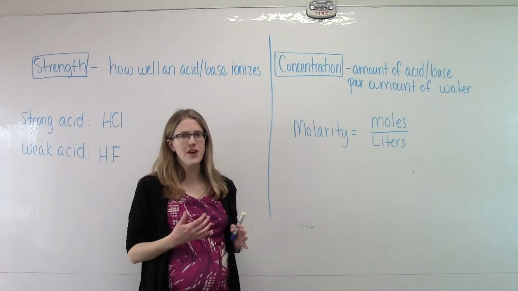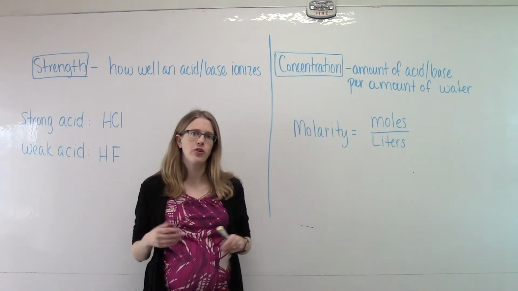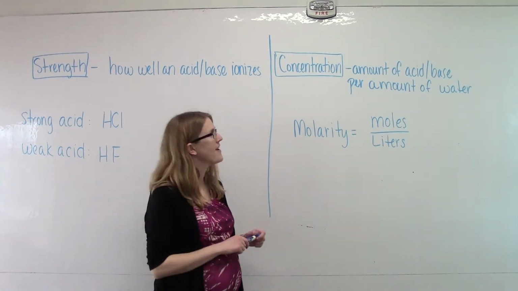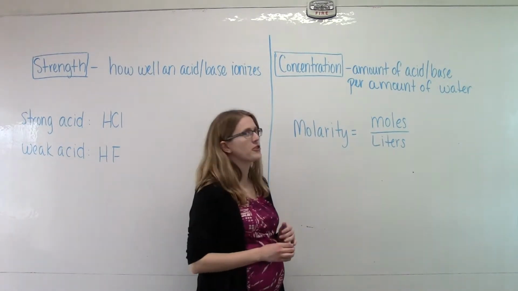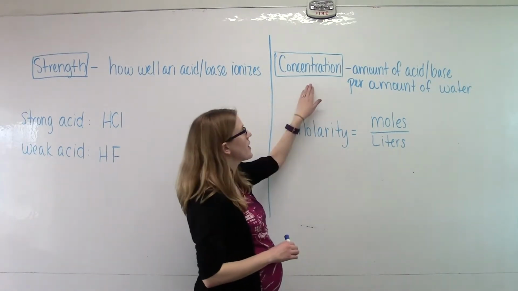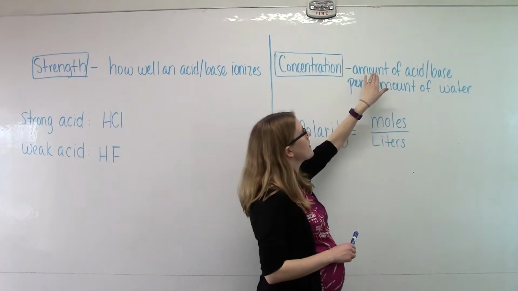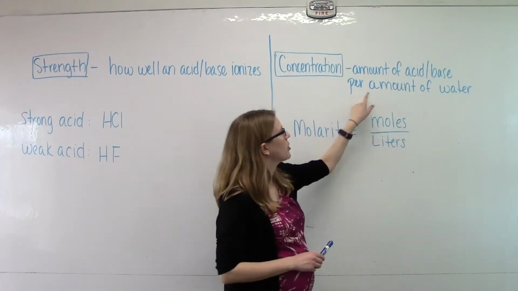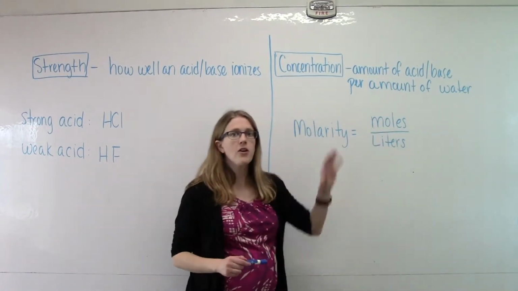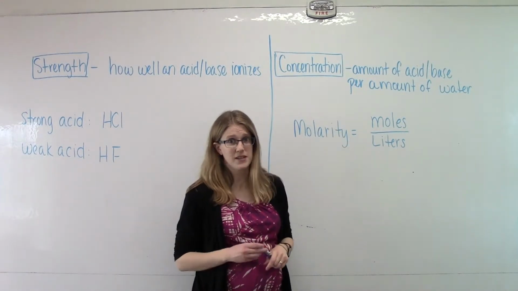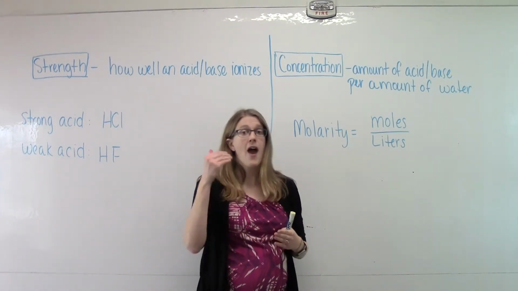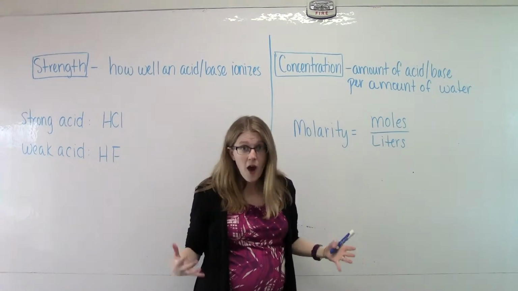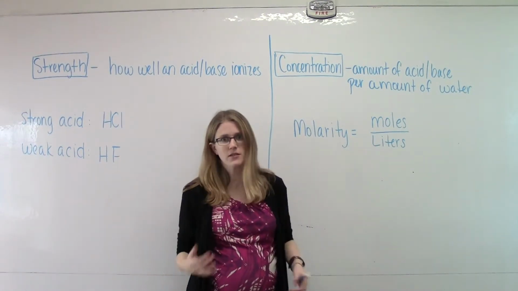The difference between concentration and strength when referring to acids and bases, okay? Now, concentration we learned about when we were talking about solutions. Concentration is, generally speaking, the amount of acid or base per amount of water. So when we're talking about concentration of acids and bases, we are specifically talking about how much acid or base is present, okay?